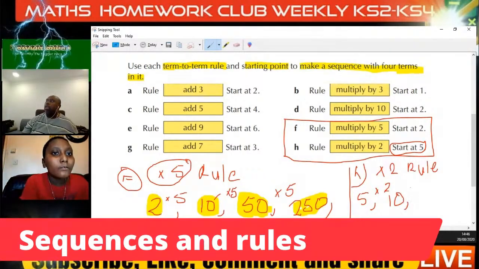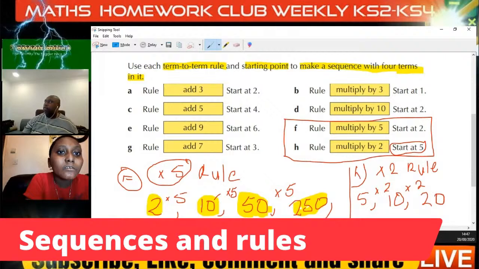Times by 2 again. 20. Times by 2 again. What is it? 40.